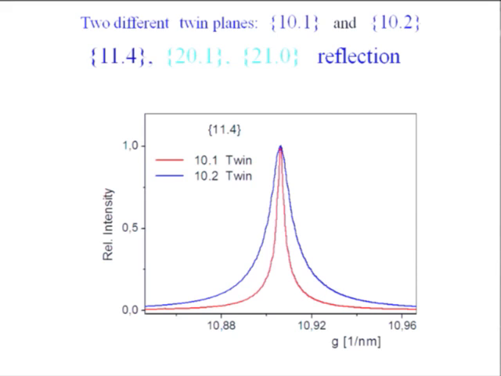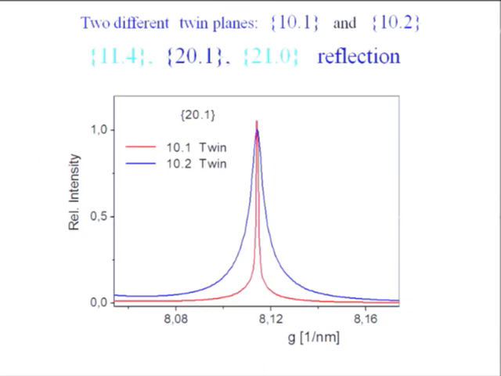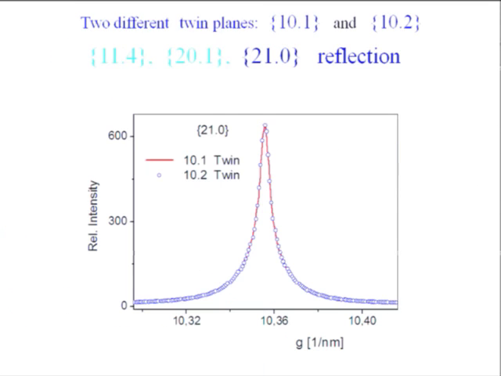Now for the same twin planes, let's switch from this reflection to this reflection. Then the difference is much larger between the two. And if we go to the third plane mentioned here, 21.0, then the two profile functions will coincide.